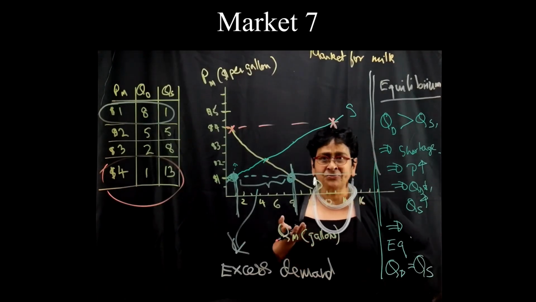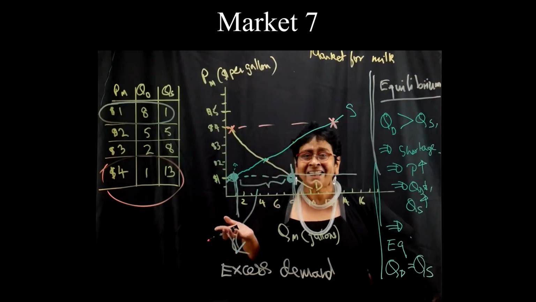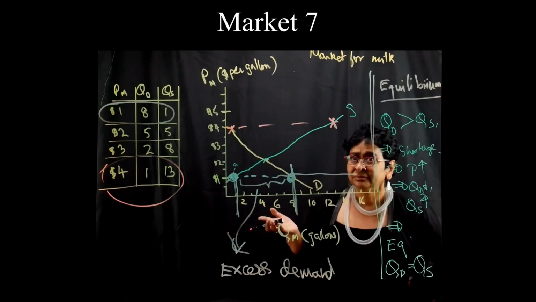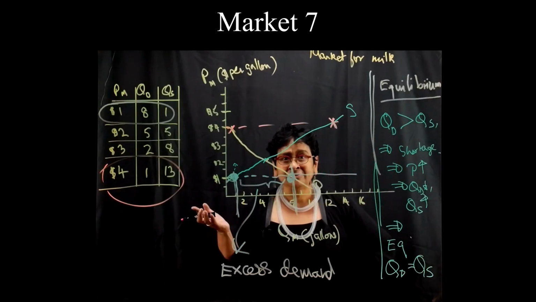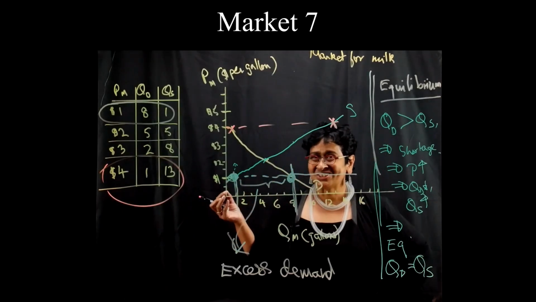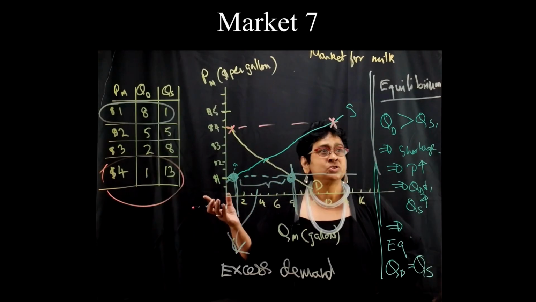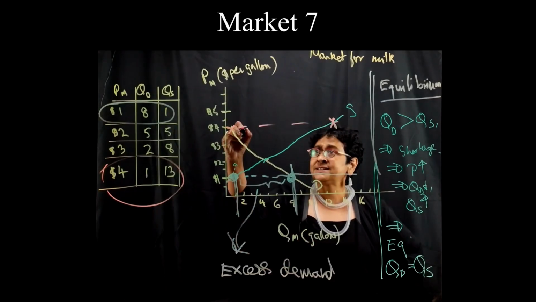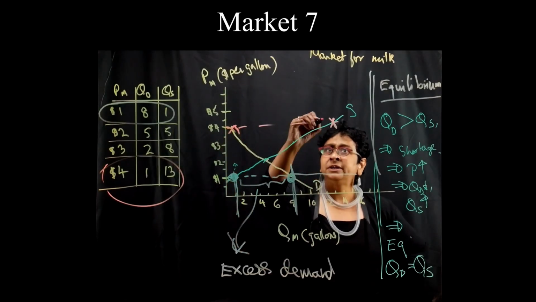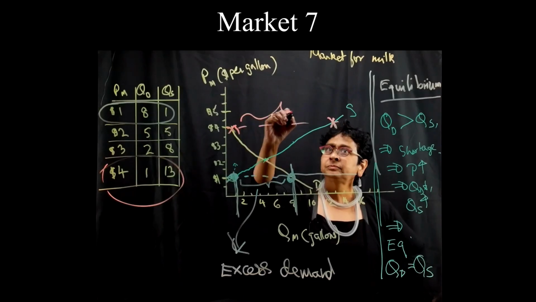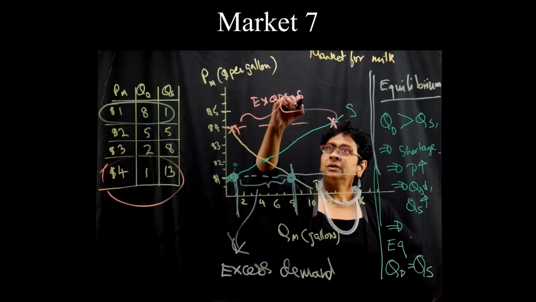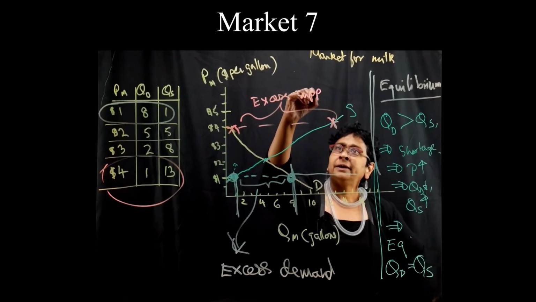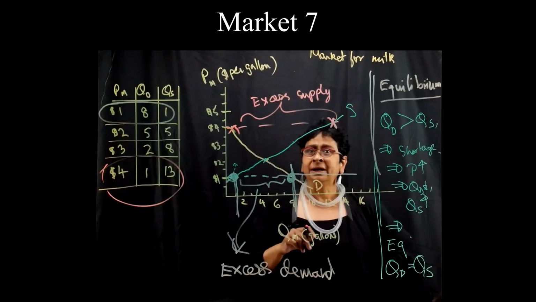And producers find that they cannot sell their stuff. When that happens, they try and dispose of their stuff by starting to cut back on prices, by offering it more cheaply. So when you've got a situation of excess supply, an excess supply or a glut in the market.